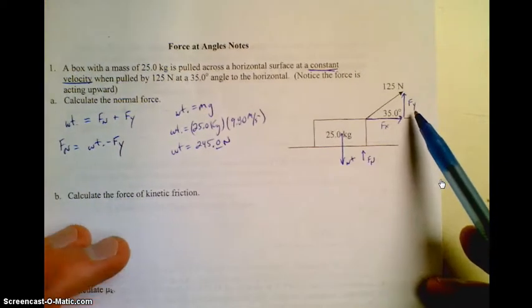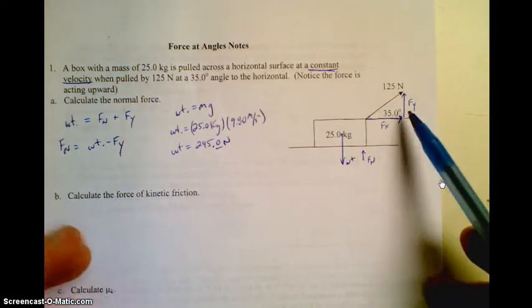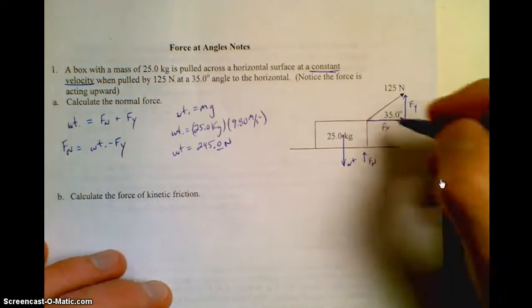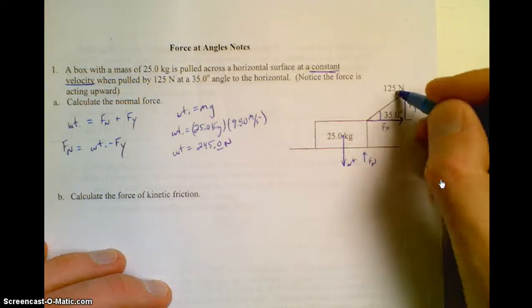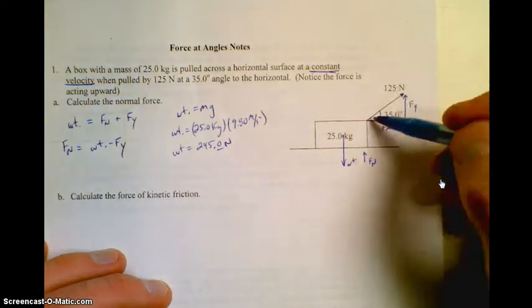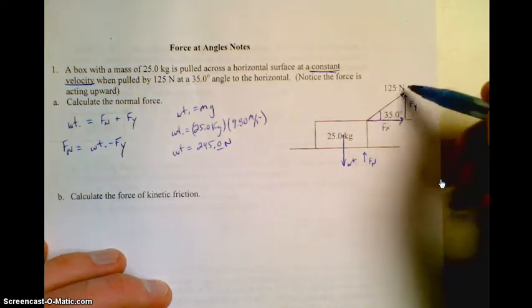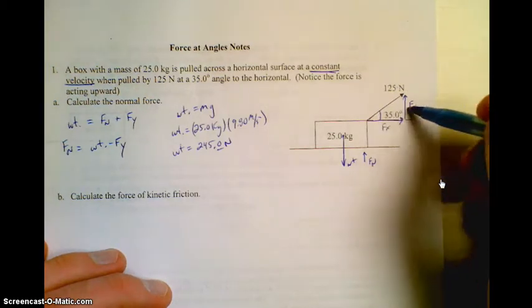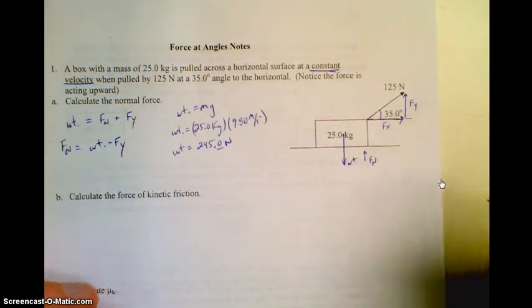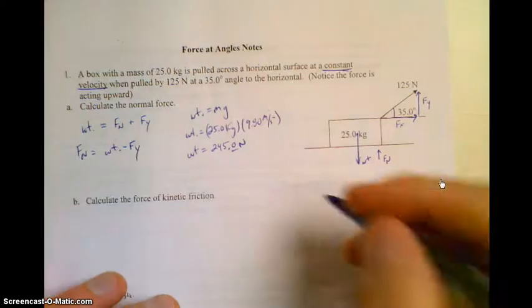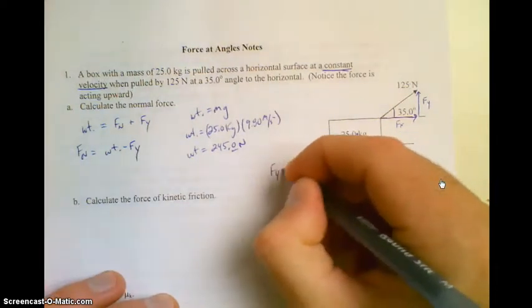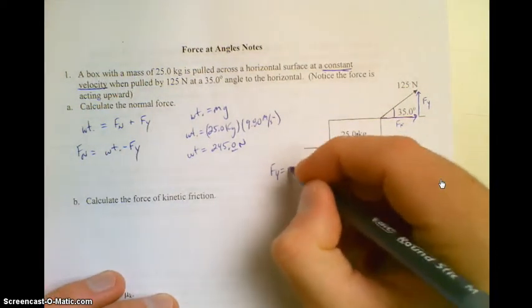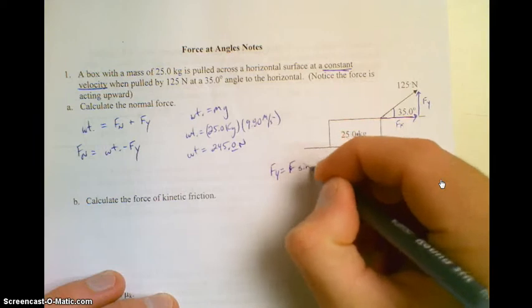Well, if you remember back when we did vectors, this is just a vector. So we have an angle, and the main force, the resultant, or the hypotenuse, and then we're looking for this side, which is the adjacent side of that angle. So what trig function would I use? Good. So Fy is equal to F times the sine of theta.